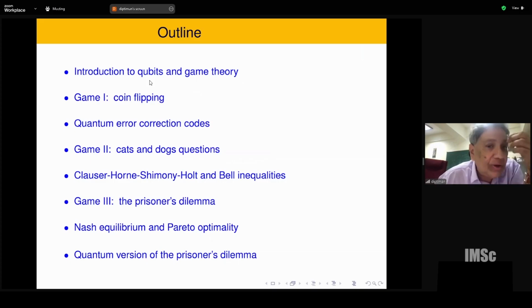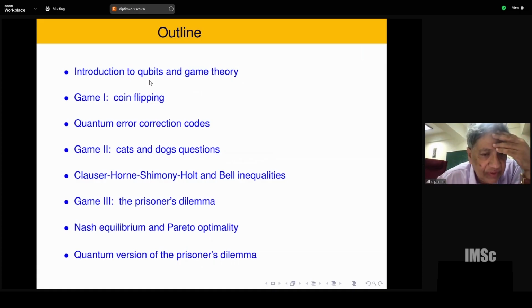So the first game is called the coin flipping game, and this leads up to the subject of quantum error correction codes, which I won't actually tell you about, but you'll see why this coin flipping game can be connected to error correction codes. The second game is something called cats and dogs questions, and this is related to something called the CHSH inequality, which is closely related to the Bell inequality that I talked about earlier.